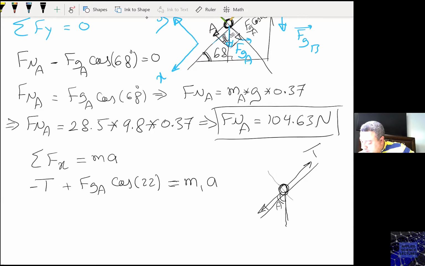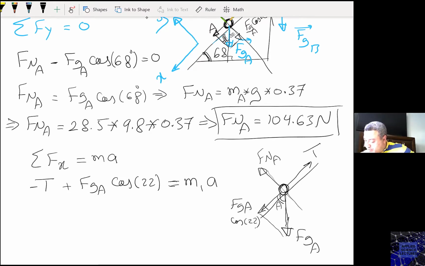So the projection is F_gA cosine 22, right? F_NA has no effect here.